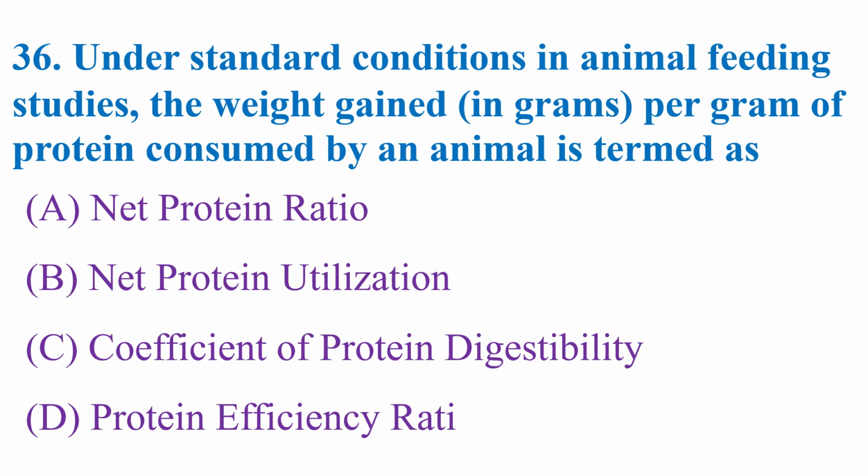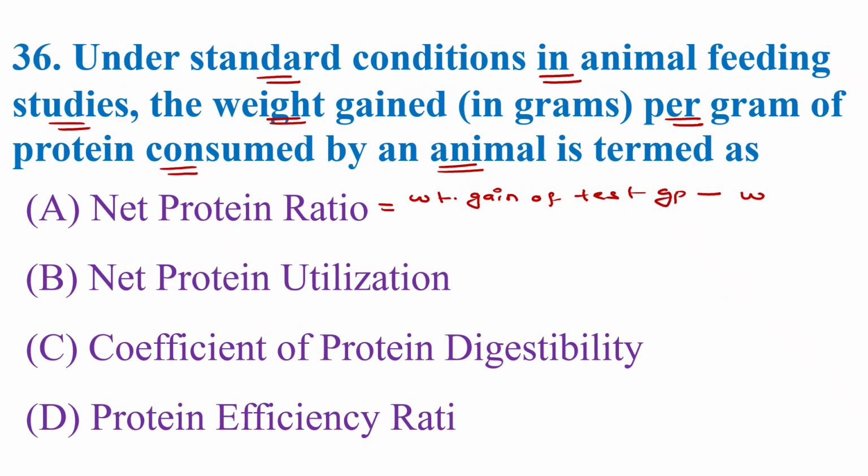In feeding studies, the weight gained in grams per gram of protein consumed by an animal is termed as what? First one, net protein ratio. So it is basically the weight gain of the test group subtracted by the weight loss of the non-protein group, whole divided by protein intake.